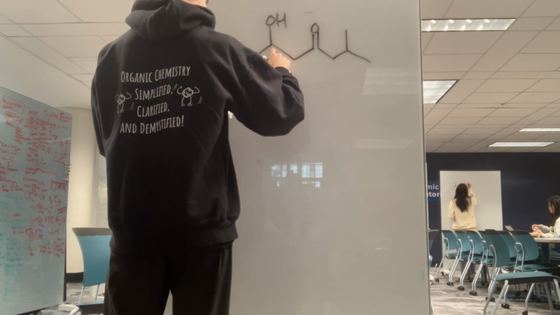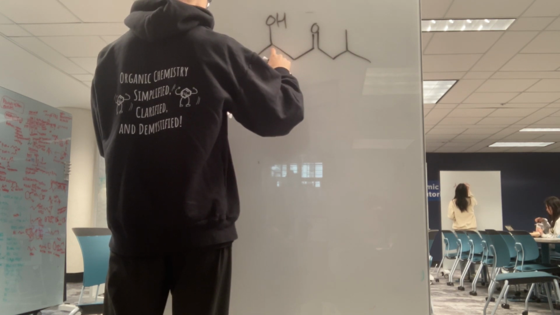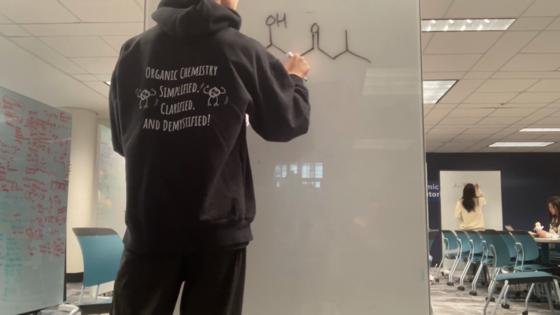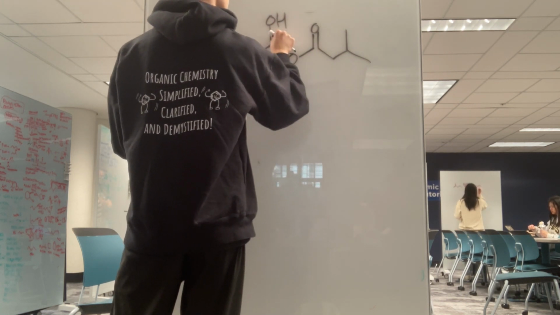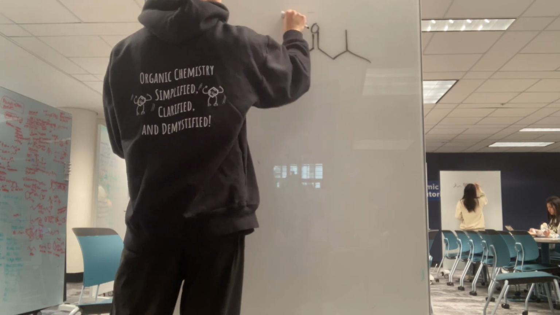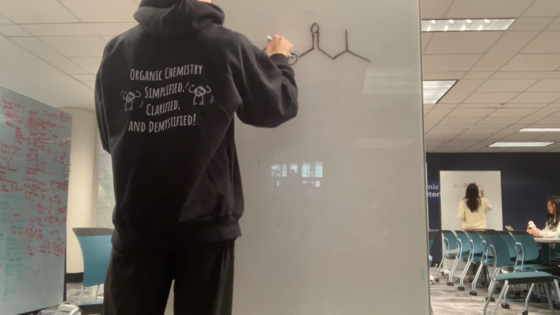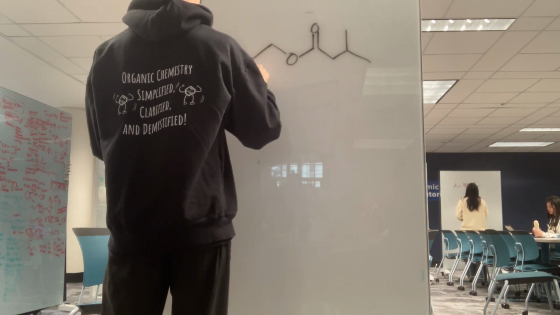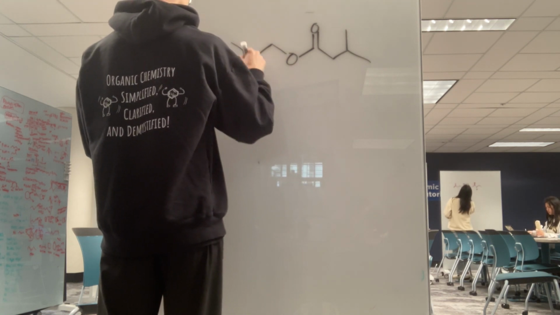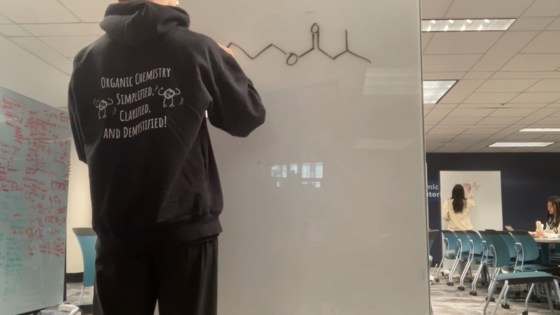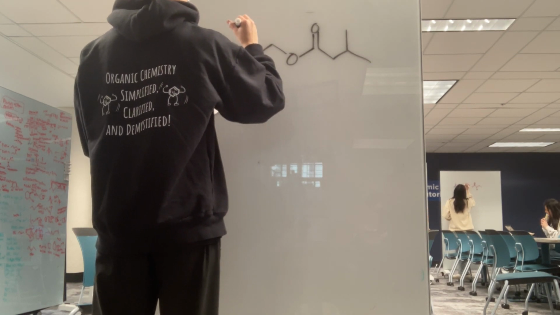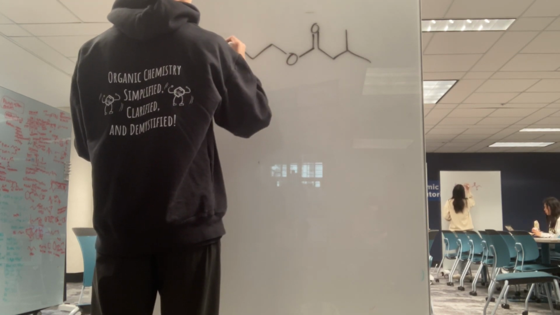This is 1 neighbor. 1H, 2 H's, and it's 2 neighbors here with 2 neighbors, because I know I have an alcohol somewhere.